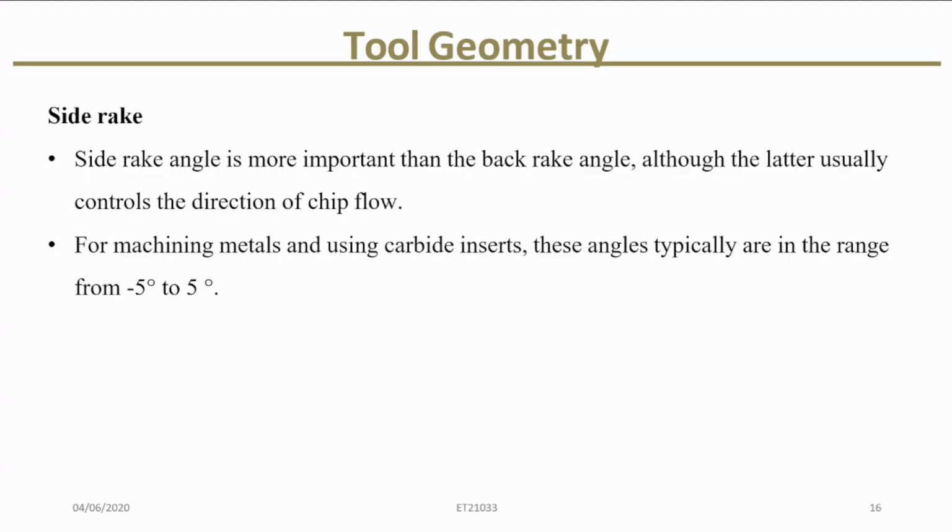For many carbide inserts, these are often small, around minus 5 degrees to plus 5 degrees, because inserts get their effective rake from topography. Topography means chip breakers.